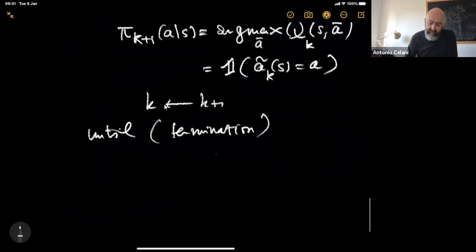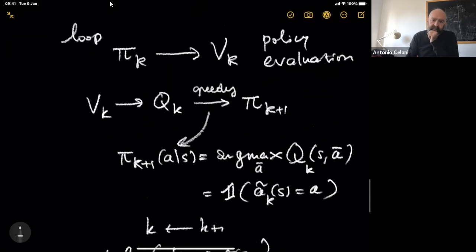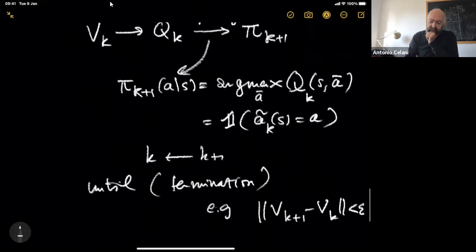For instance, a usual request is that your value function isn't changing much, less than some epsilon, which you decide beforehand. Or again, you might choose the relative change in V. Okay. So this is the algorithm.